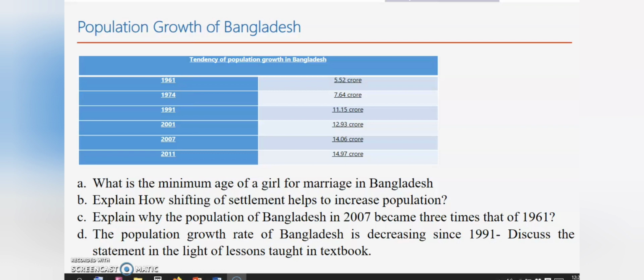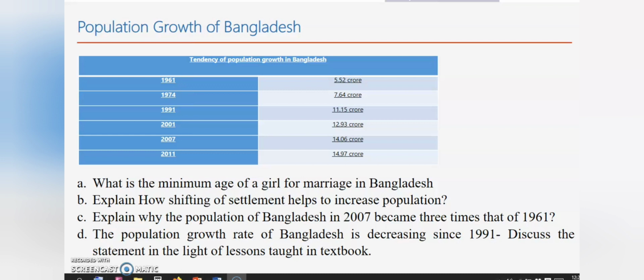Number 3, you have to explain why the population of Bangladesh in 2007 became 3 times that of 1961. And the last question: the population growth rate of Bangladesh has been decreasing since 1991. You have to discuss the statement in the light of the lessons you have been taught in your textbook.